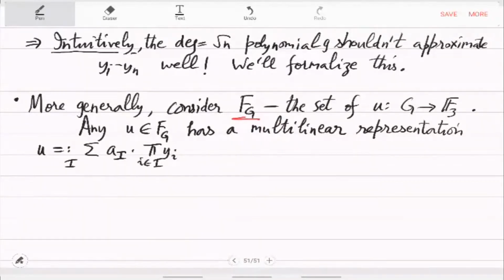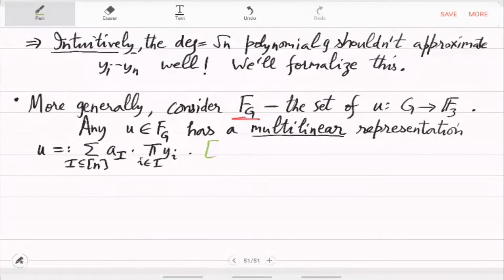How many variables? N variables. Okay, so every u has a multilinear representation. Why is it multilinear? Basically, we are saying that these monomials yi's, there is no square dividing it. Okay, so the individual degree of yi is either 1 or 0. It cannot be 2. So why can we claim that?